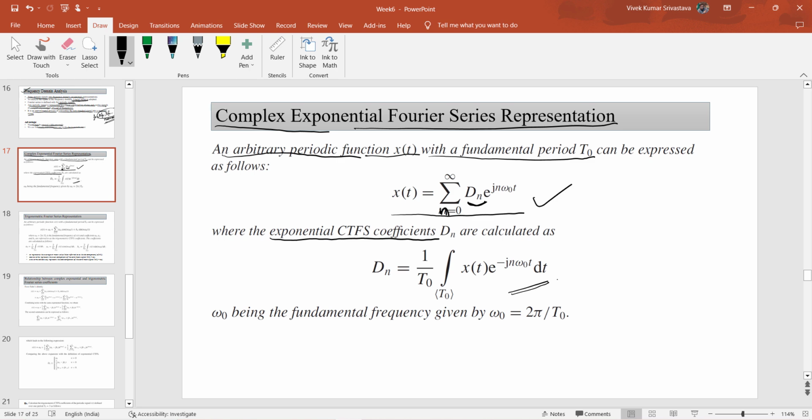Here omega naught is the fundamental angular frequency, defined as omega naught equals 2 pi over t naught. That's how we can represent any signal as a linear combination of complex exponentials.